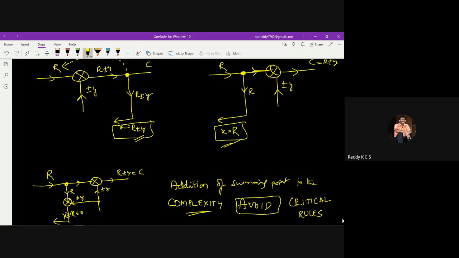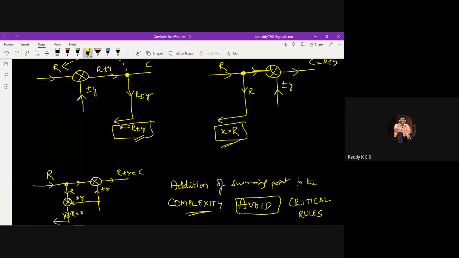When you incorporate that kind of rule, it increases the complexity of the block diagram and you need additional summing points. So to reduce this complexity in the diagram, try to avoid the critical rules as much as possible.